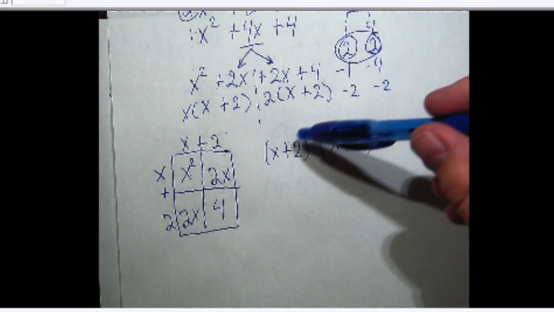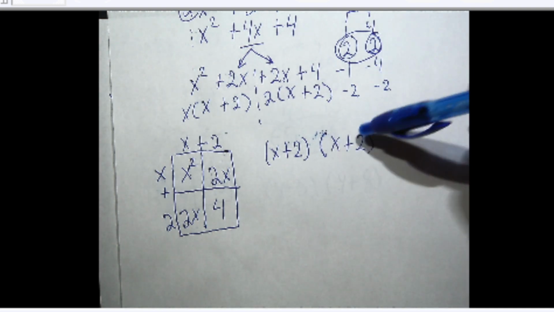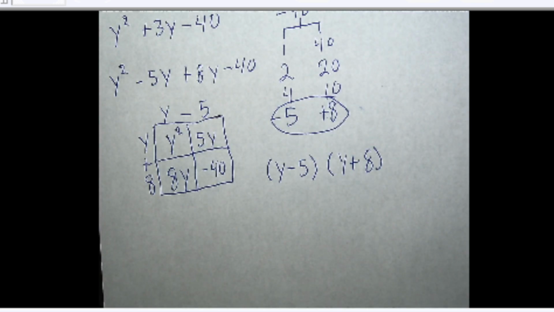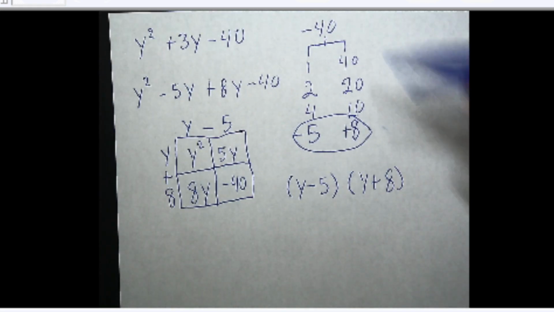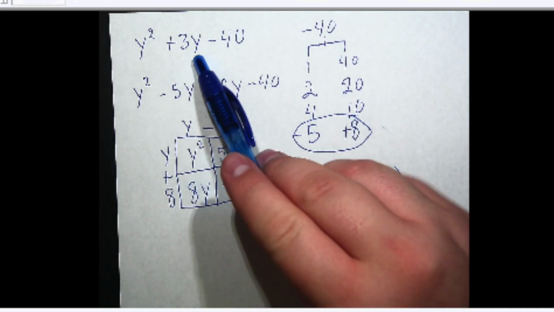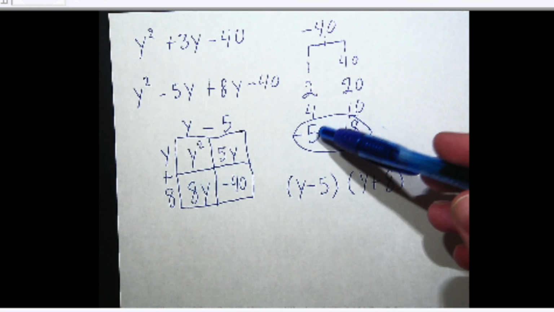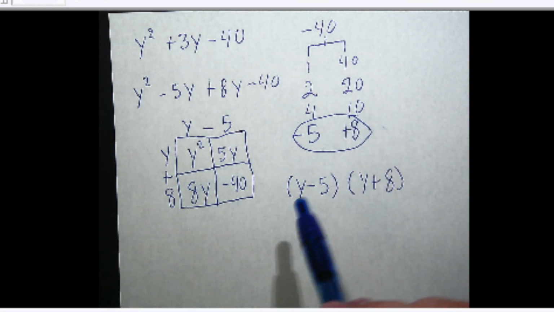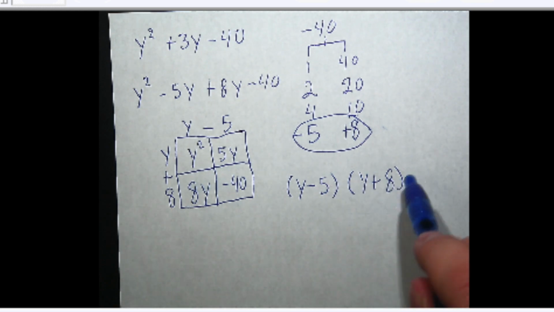We have x plus 2 and x plus 2. The one we just did, the two factors that we found for our AC that we used to replace this middle term were negative 5 and positive 8. In our answer, we have negative 5 and positive 8.